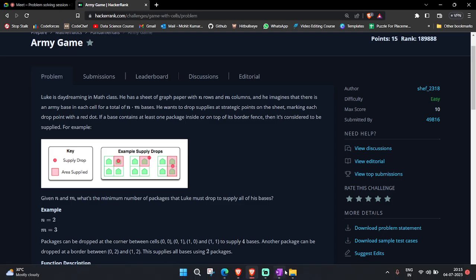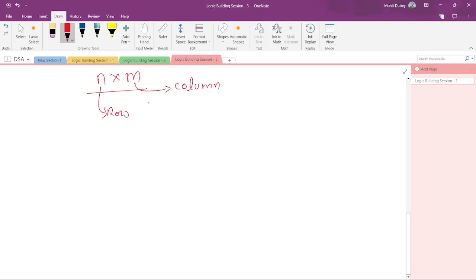Let's just consider this example. So what the question was saying is that suppose this is an n cross m grid paper, right? So Luke imagines that each cell is containing an army base, right? So this is an army base, this is also an army base, this is also an army base, this is also an army base, right? So suppose there's a war situation going on, and you have to supply the weapons, maybe weapons, foods, anything.